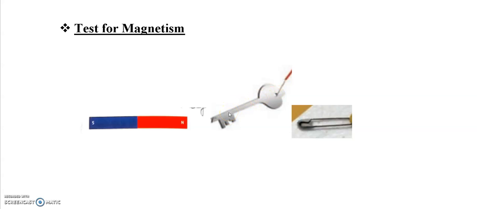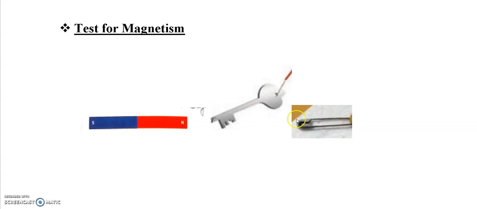So we can say that just by attraction, we cannot say that a particular substance is a magnet or that it has magnetism in it. All right? Let's look at this in a different way. Now we know that attraction is not a sure test for magnetism.